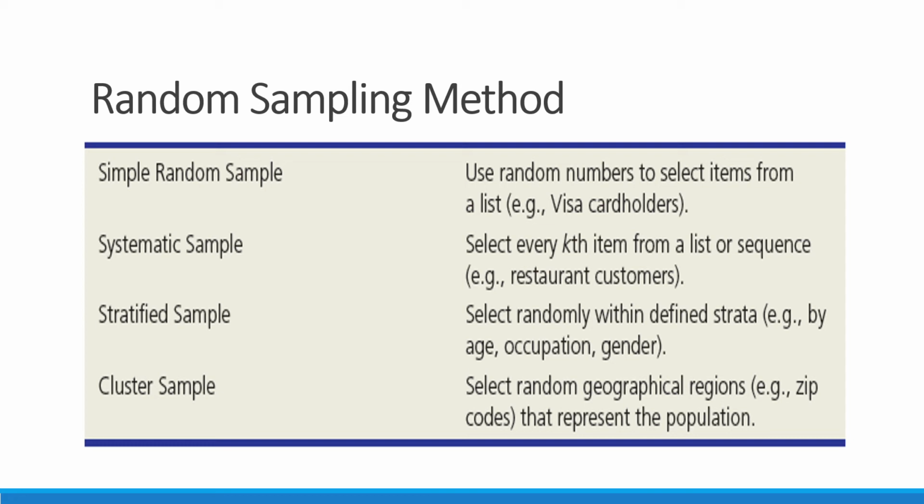The third type or method of random sampling is stratified sample, which is selecting randomly within defined strata. So here, for example, if we have the employees inside the company, and after conducting the first random sample, we found that 80% of the sample items were male.